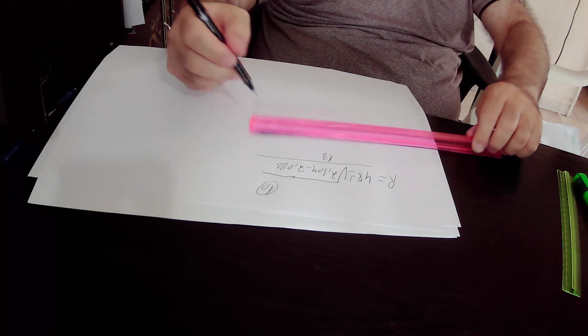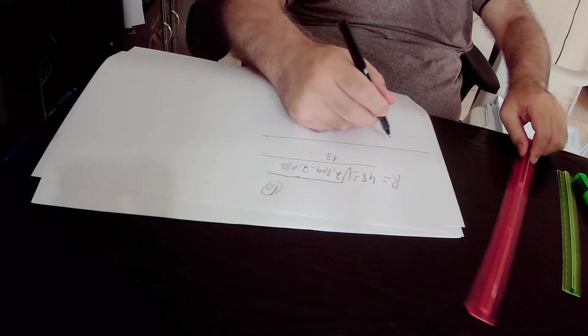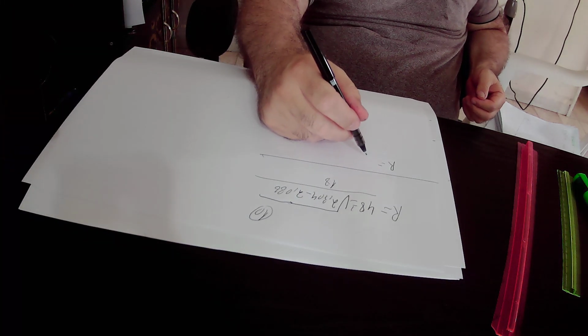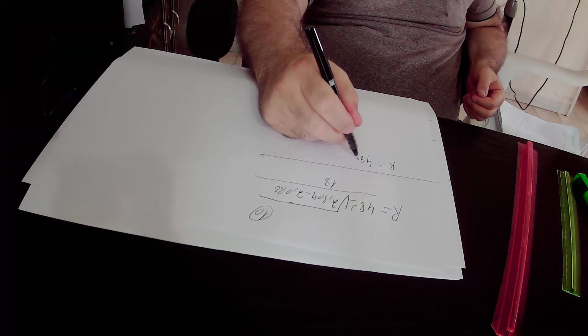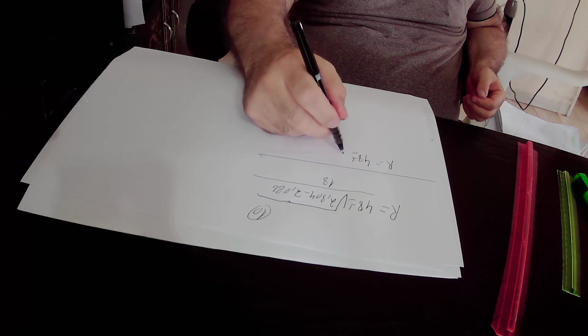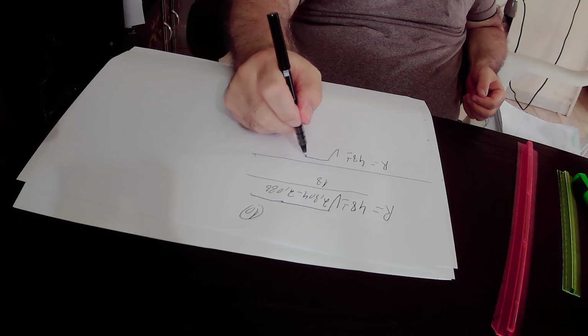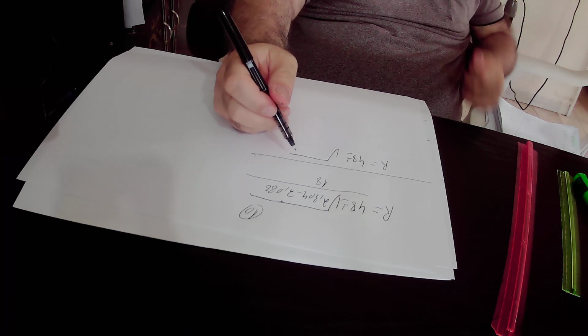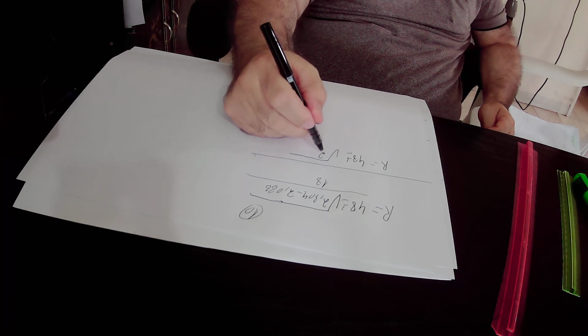So here we'll get that R equals 48 plus or minus the square root of 2304 minus 2088, which is 216.